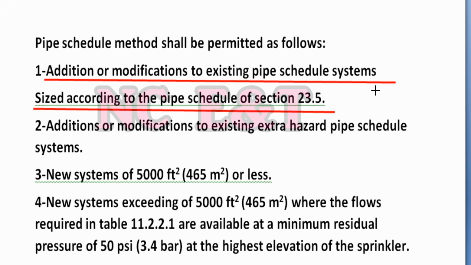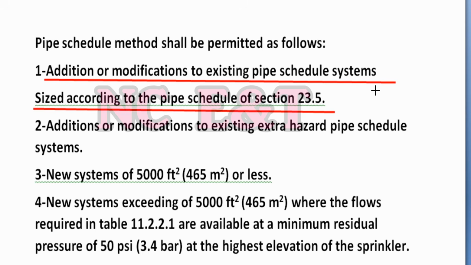We can use this method for the addition or modification of an existing pipe schedule system or sprinkler system that is designed according to the pipe schedule of section 23.5.